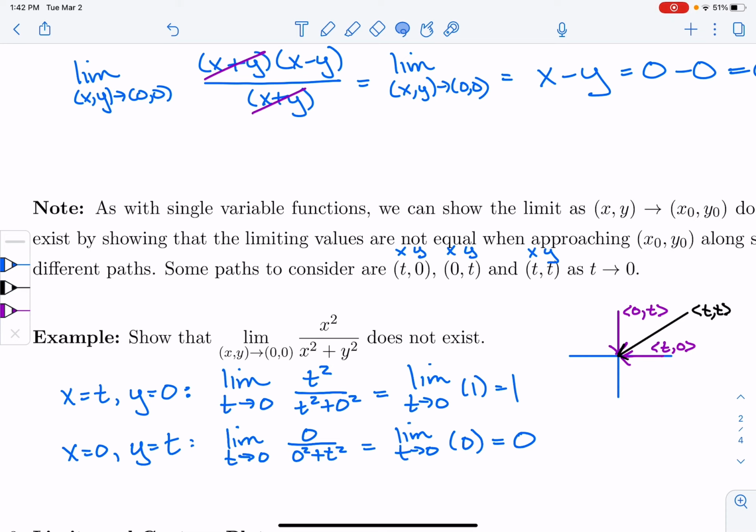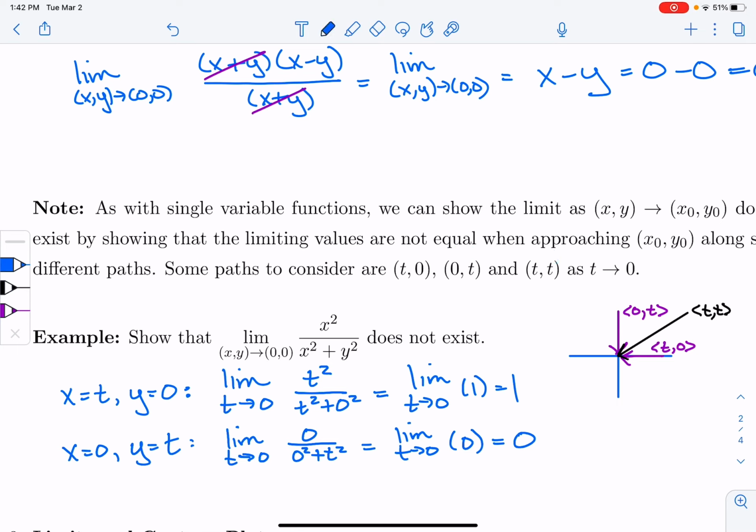Now, that means that the limit doesn't exist because as we approached from either above or the right, we saw that the two limits were not equal, and so therefore the limit does not exist.